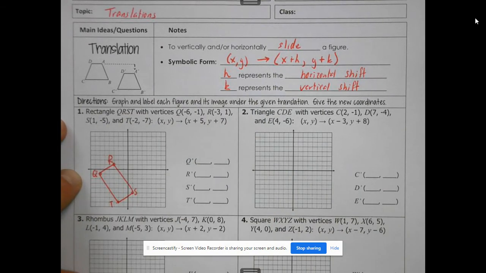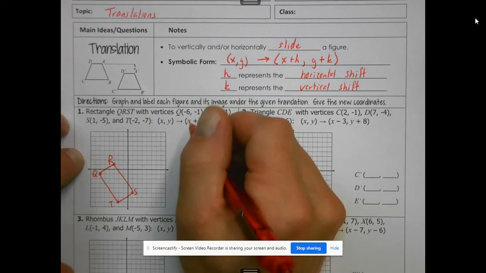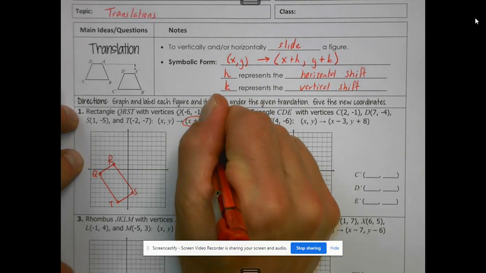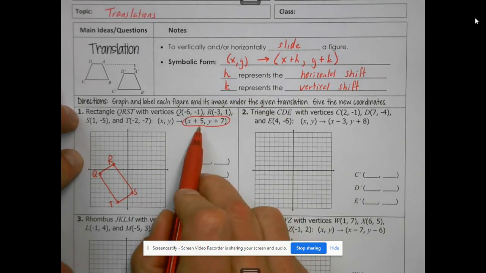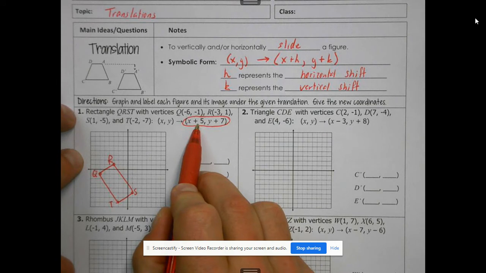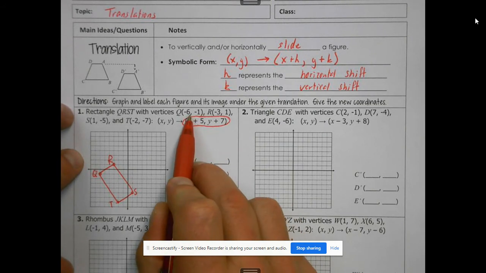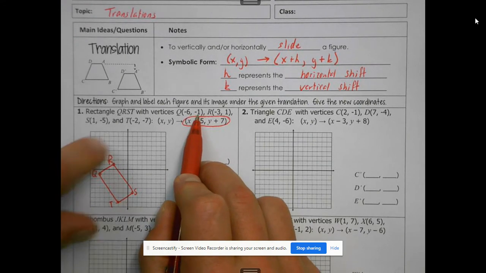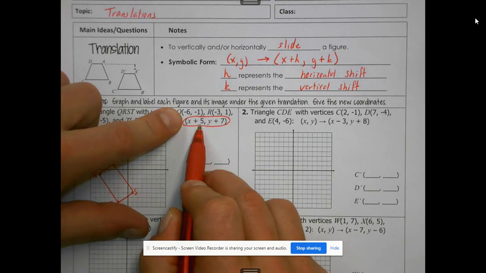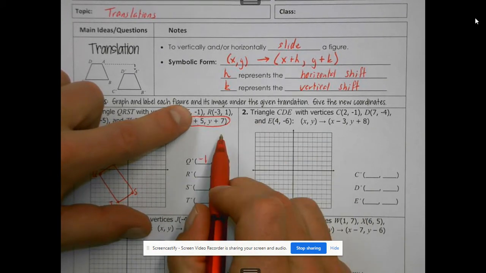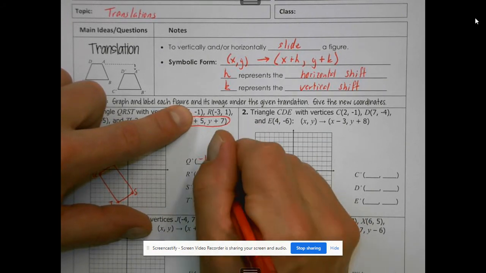All right, second step, figure out what the translation is. In this case, we're going to add 5 to the x coordinate, and then we're going to add 7 to the y coordinate. So go to the original points. You're going to add 5 to the x's, and add 7 to the y's. So negative 6 and 5 is negative 1. Negative 1 and 7 is 6.